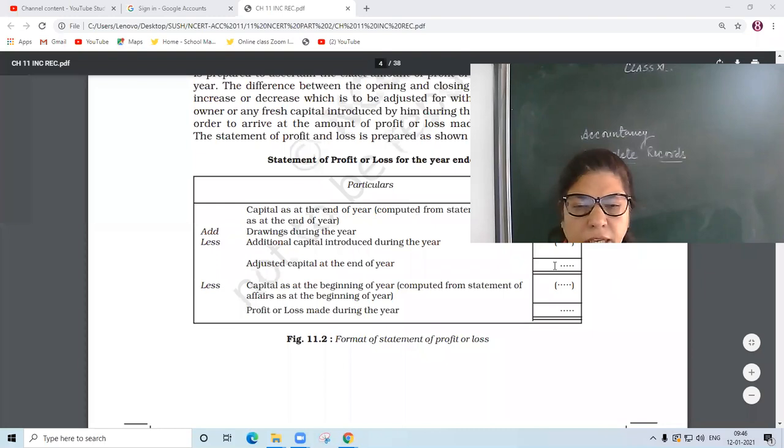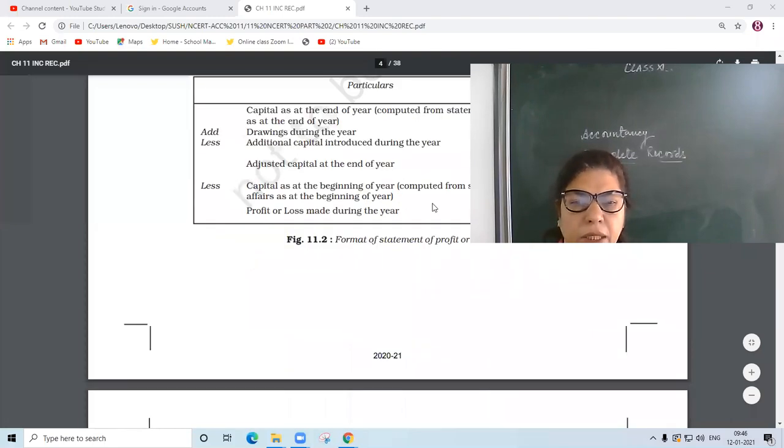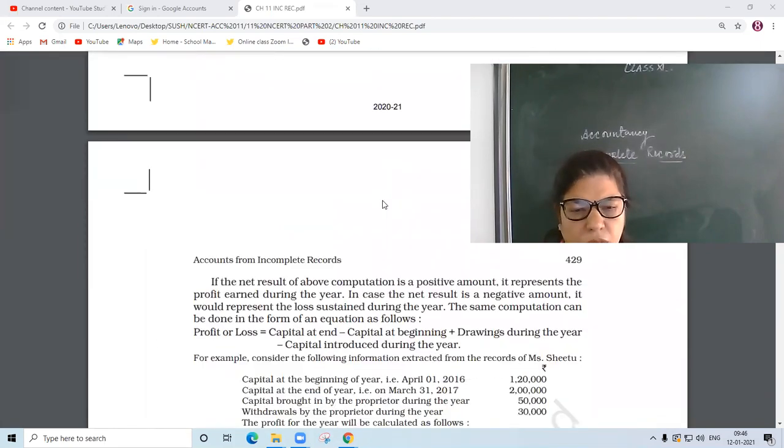This is adjusted capital, and the capital at the beginning and additional capital are to be subtracted. Then if that amount is positive, it is profit, and if that amount remains negative, it means this is loss. And you can even calculate profit and loss in incomplete records by the formula method also.